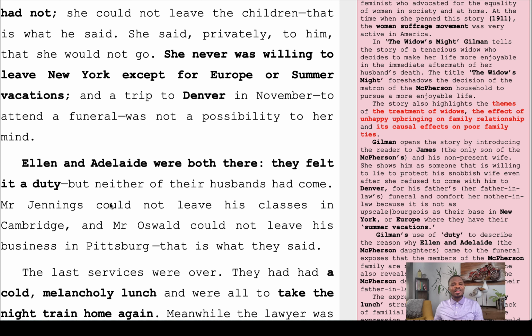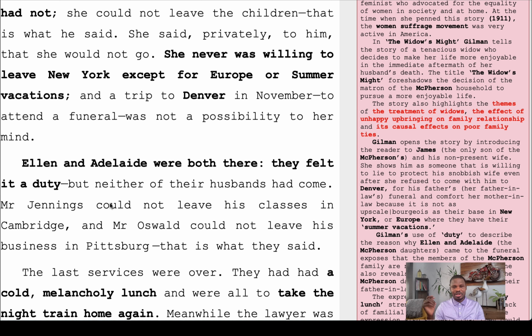So their presence at the funeral was just something they thought they had to do. It was just a duty. Well, let's just do it. So one of the things I see in the short story is that they have a very cold family relationship. They are not very warm towards each other. Later on in the story, we are going to see why.